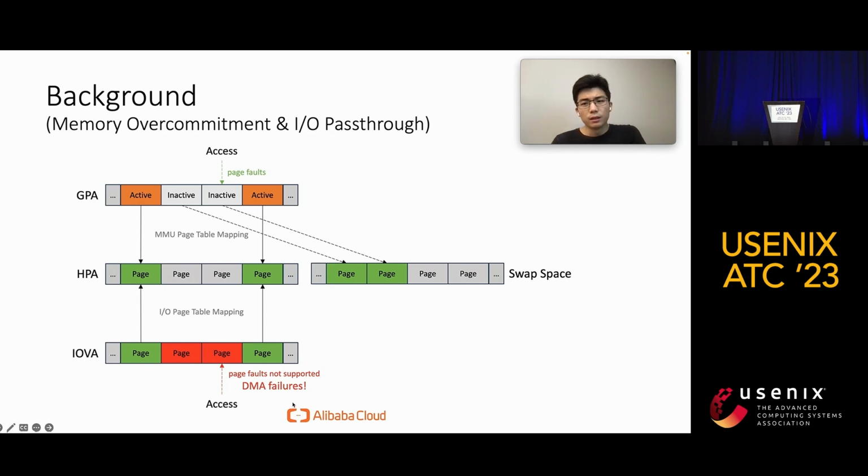So the missing I/O page table entry will cause DMA failures, which means the I/O operations will fail. To avoid such contradiction, today's public clouds usually choose to enable I/O pass-through to retain the I/O performance gain and sacrifice memory resource utilization by disabling memory overcommitment.